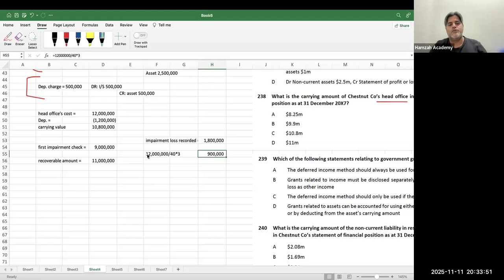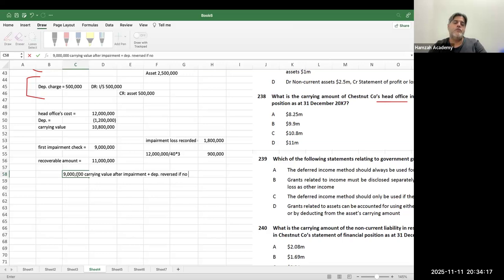That's 900,000 over here, right? So that is 900,000 which would have been charged over here as the impairment. So this was the carrying value, 9 million carrying value after impairment in the accounts, plus depreciation reversed if no impairment would have been charged.